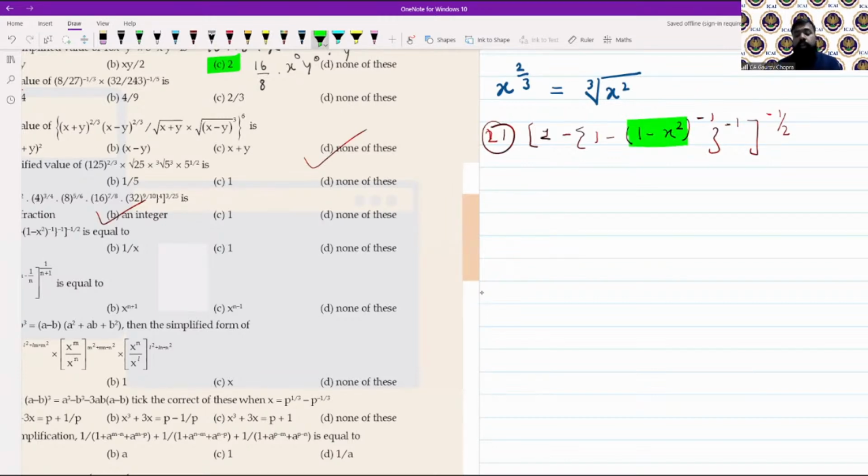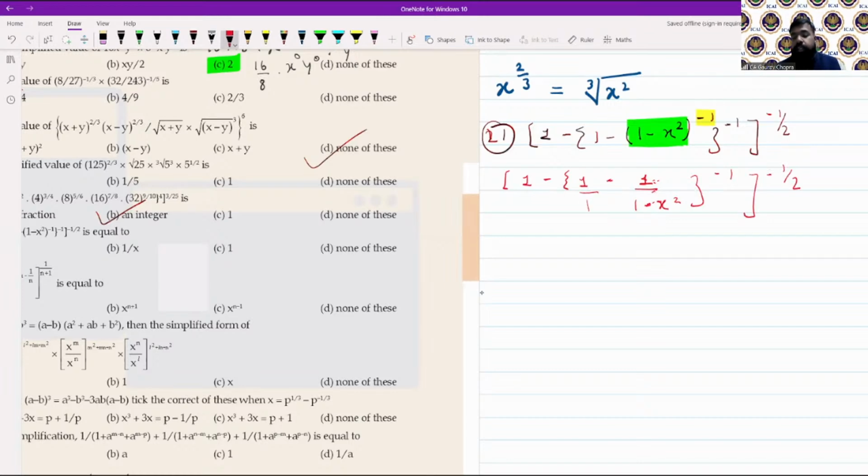So first of all, the power of this middle term is minus 1. So we have to reciprocal this term. So we can write 1 minus bracket 1 minus 1 upon 1 minus x square. Then power minus 1 and then power minus half.